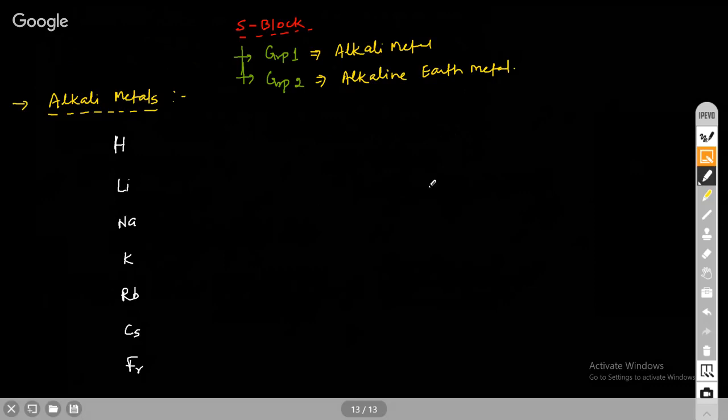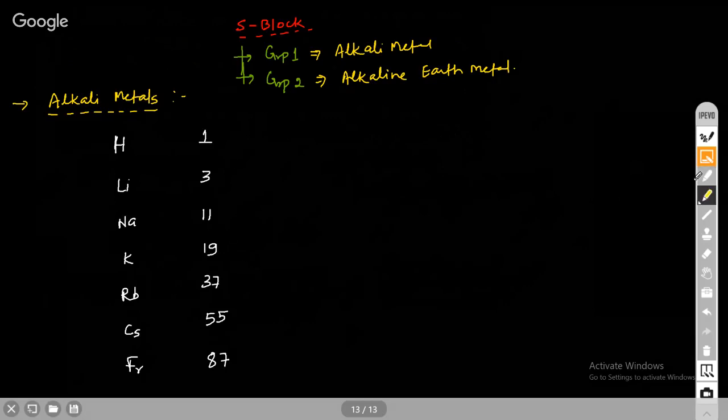Here I'll write down the atomic numbers. The atomic number of hydrogen is 1, that of lithium is 3, then 11, 19, 37, 55, and then 87. These are the atomic numbers, or number of electrons.